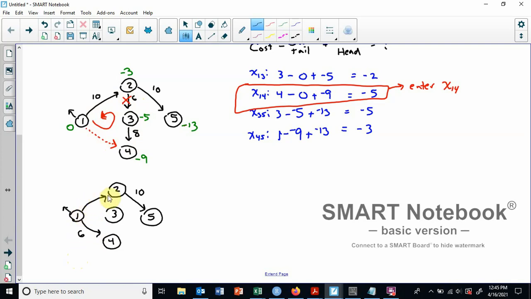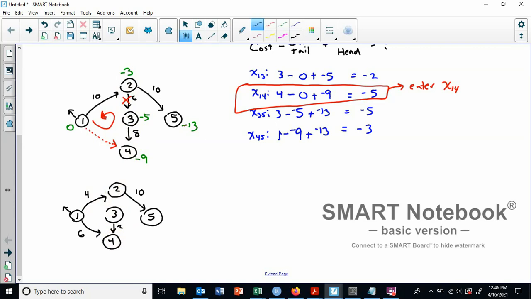So this was shipping 10, but notice it is in the wrong direction, so it'll be 10 minus 6 or 4. This node right here was shipping 6 in the wrong direction, so 6 minus 6 is 0, so that is why it is no longer in the network. And this one was shipping 8. 8 minus 6 is 2, so we are now sending 2 this way.